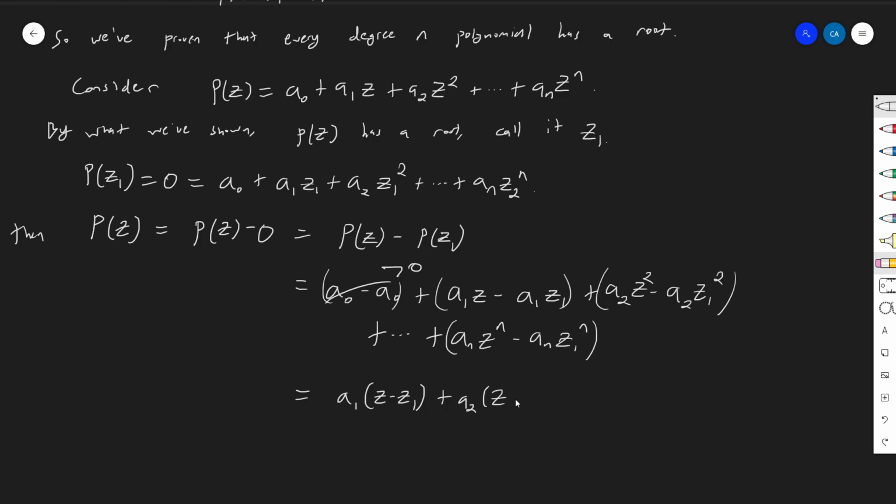It seems like I need some kind of binomial theorem here now. I made a mistake in my notes. I did the classic: I wrote this as just z minus z1 squared, but it's not. It's z squared minus z1 squared, which is not the same thing. It's z minus z1 times z plus z1, and you can always do that, but that's going to be annoying.